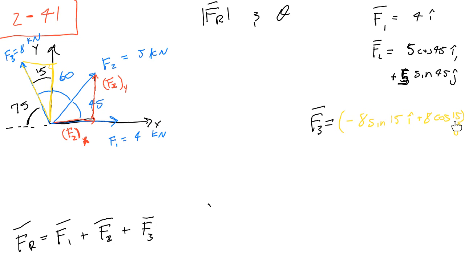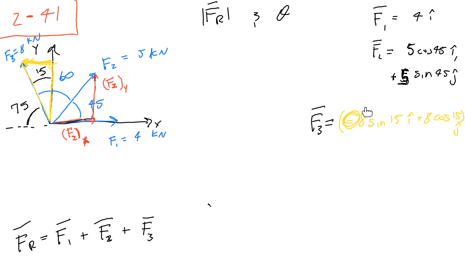The cosine goes with the Y component because we're using this angle of 15, and the opposite side is the X component, so it's sine. It's negative because its projection is pointing in the negative X direction. That's how we pick up that negative there. That's kind of key.